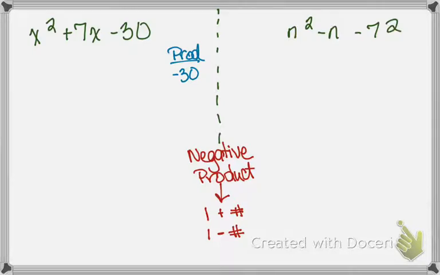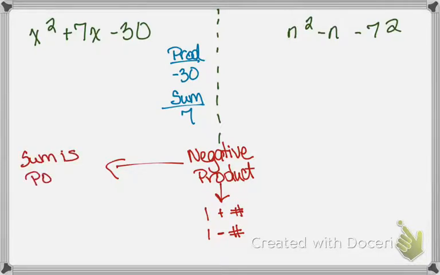Now, over here, what's my sum? Positive 7. Okay, so my sum over here is positive. Now we already know that I've got to have one positive number and one negative number.